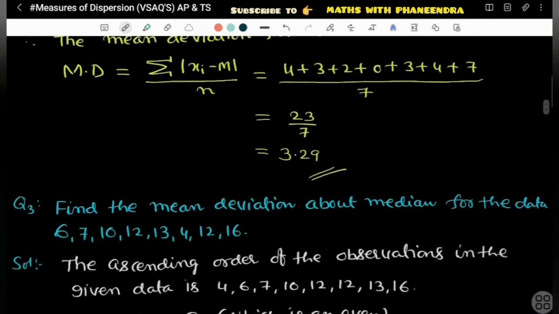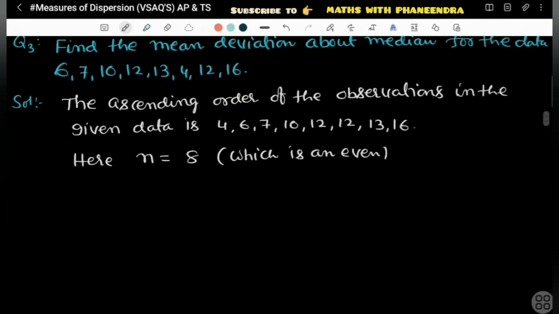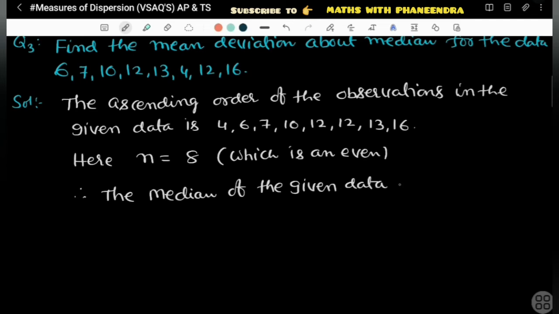But whenever it is an even number, the median of the given data, capital M, is equal to the 4th term plus the 5th term, by 2.